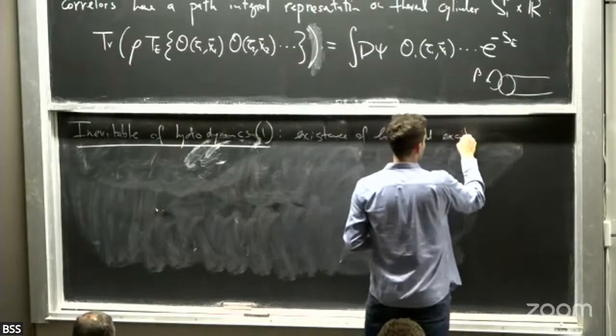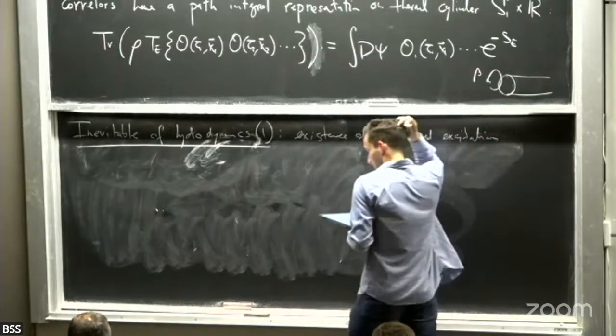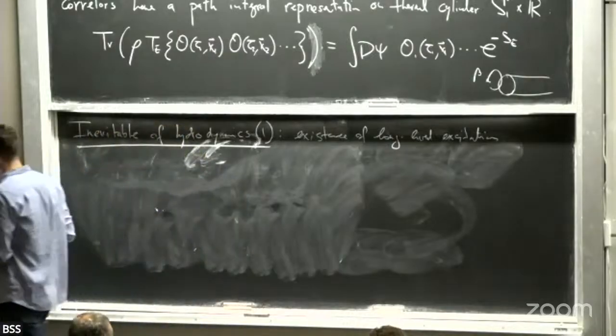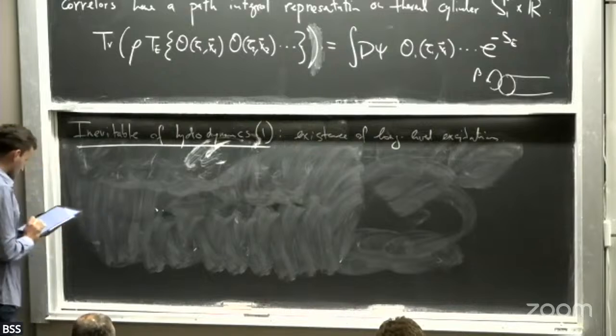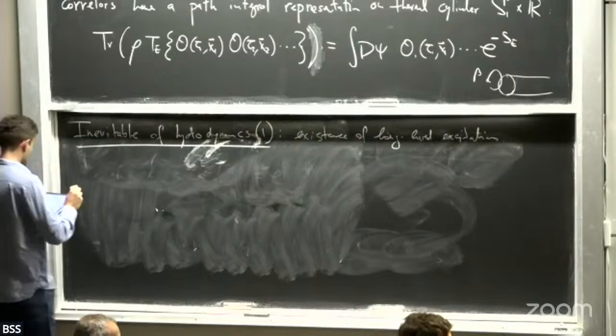Okay, so what I want to start with is a very simple argument to convince you that at finite temperature, when we start looking at things in real time, you inevitably have long-lived excitations. The argument is very neat.